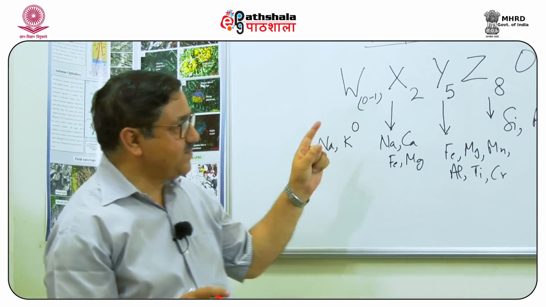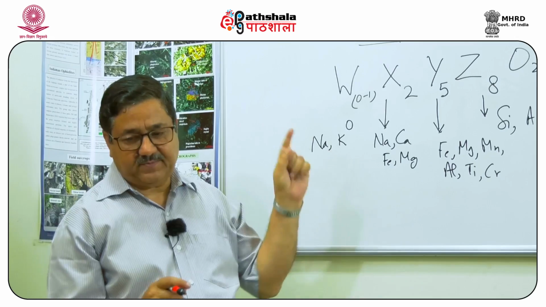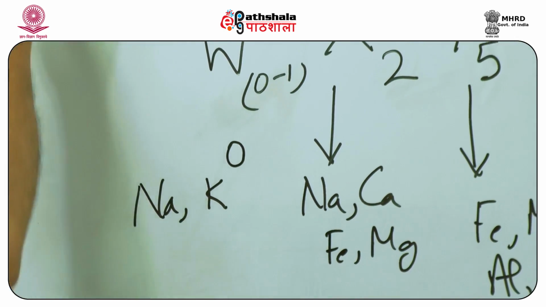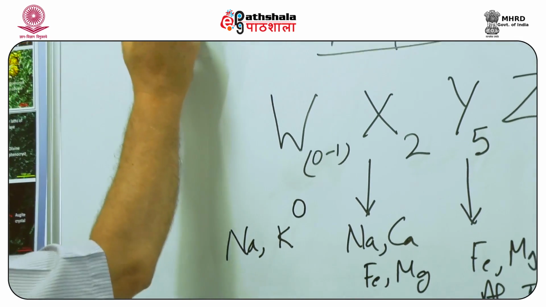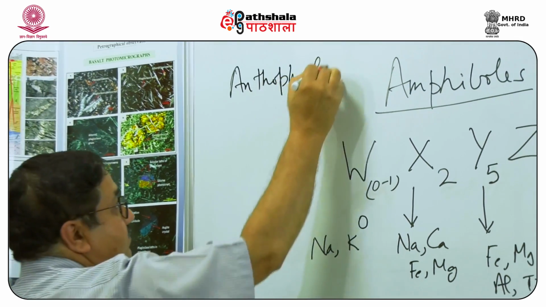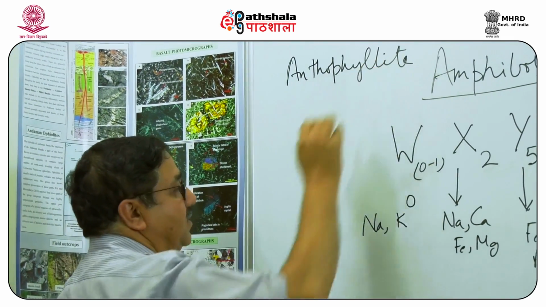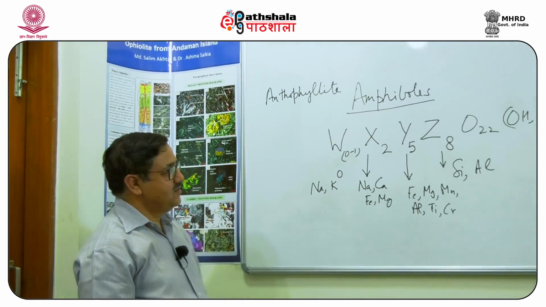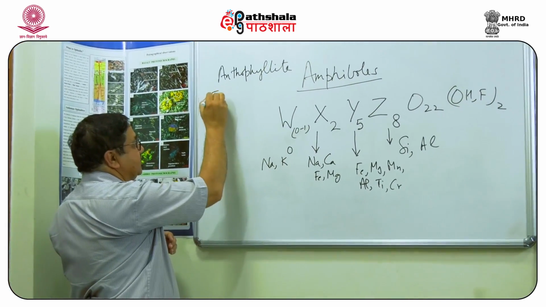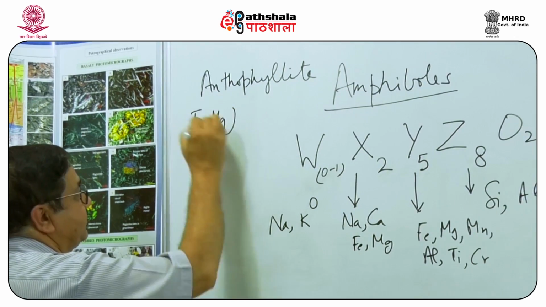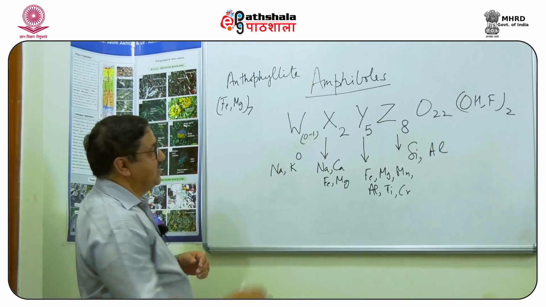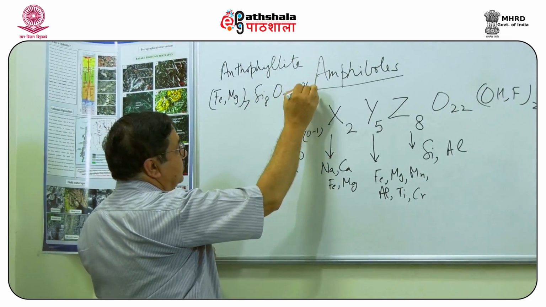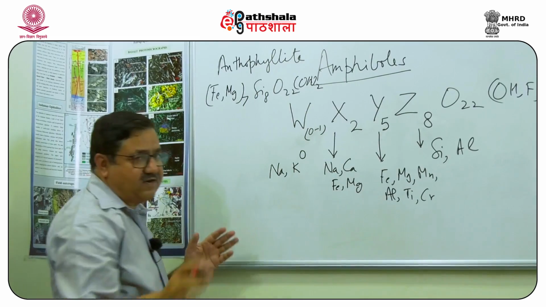So let us look at some of the common amphibole names. One of the first amphiboles I would like to mention is anthophyllite. We can write its composition as Fe Mg 7 Si8 O22 (OH)2 as a general formula.